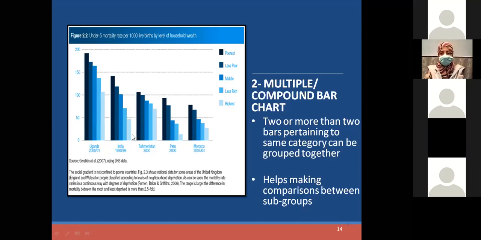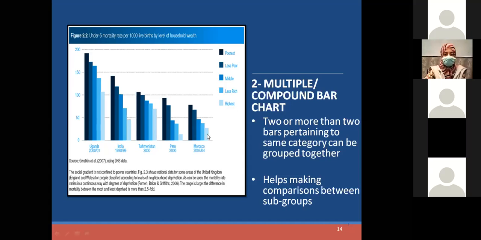So as you can see, these are multiple bars that are placed together. There are 2 or more than 2 bars that pertain to the same category, and they're helping in comparing India and different countries. Compared to Uganda, what's the death rate in India? What's the number of deaths or the mortality that is occurring in India? And then the richest and the poorest can also be compared.